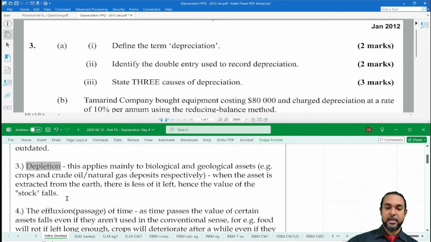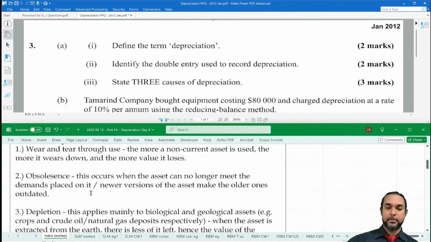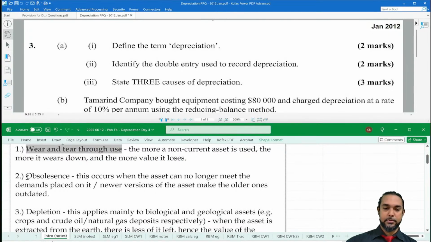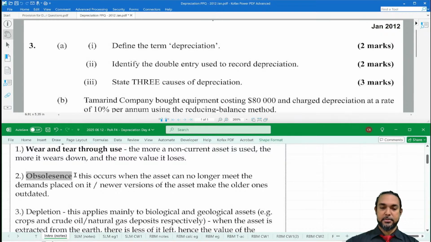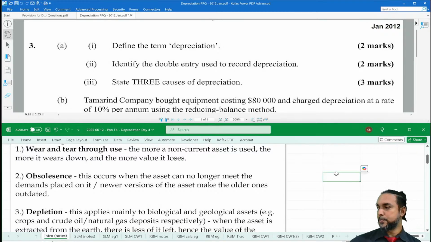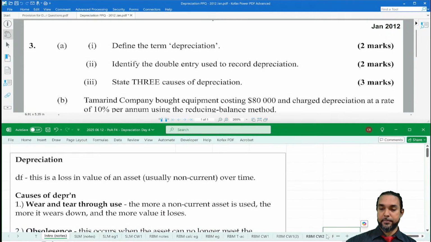And there's a fourth one I have, which is called the passage of time or the effluxion of time. So you have your causes there: wear and tear through use, obsolescence, and depletion. Yeah, the double entry to record is the journal entry.